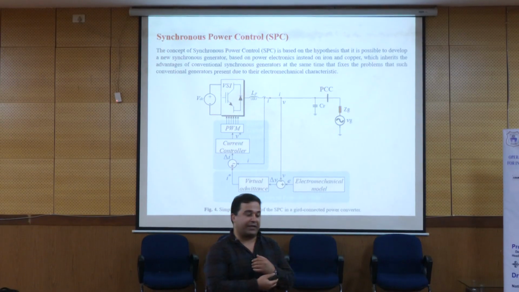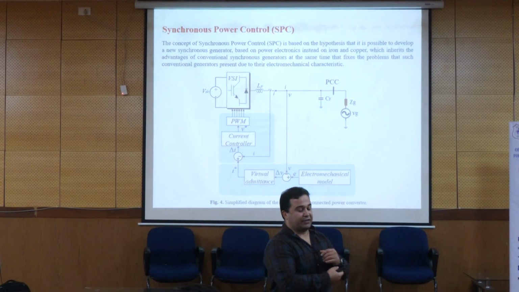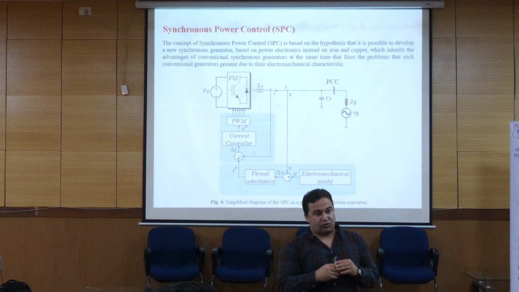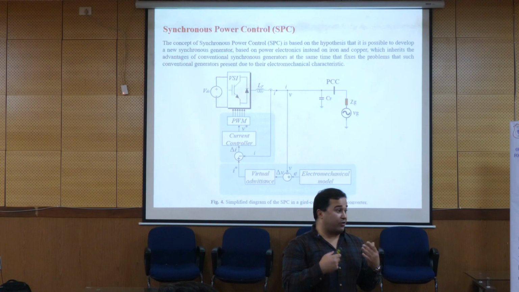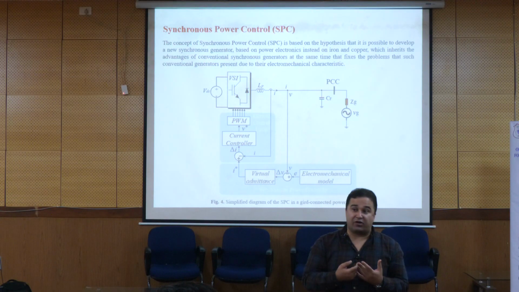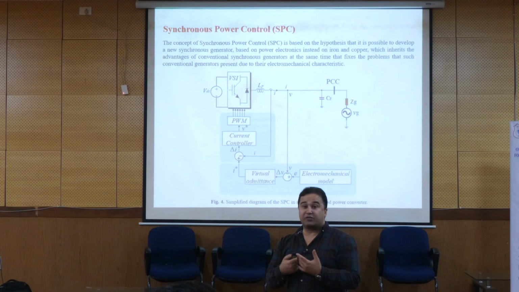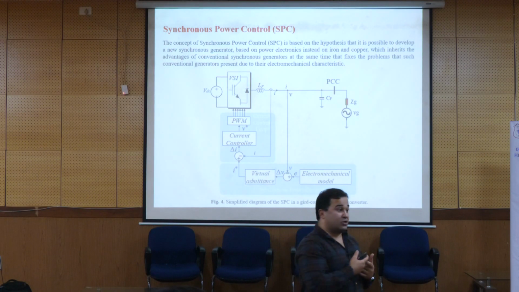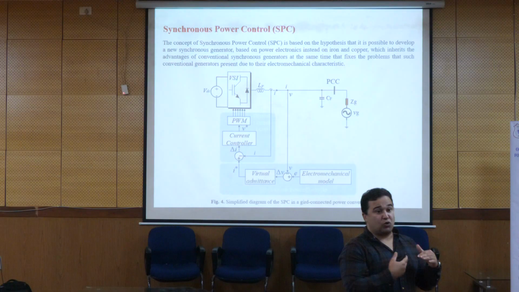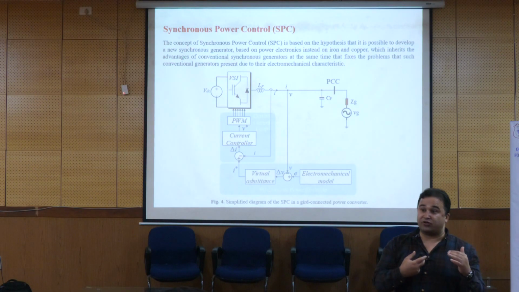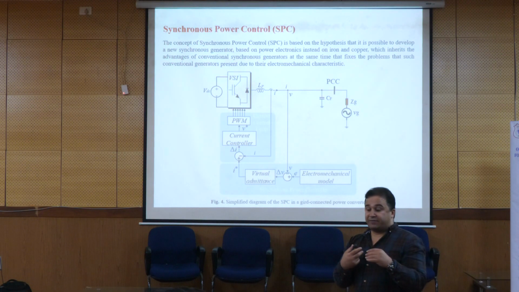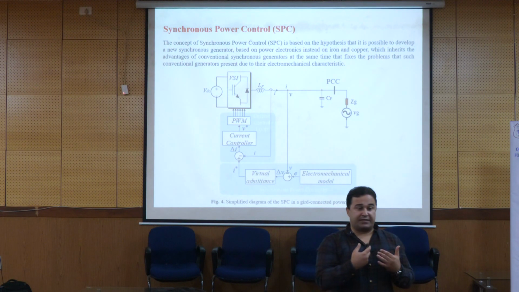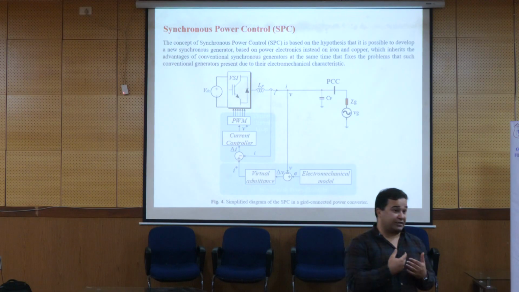If we get back again, for integration of renewable energy sources to the power grid, we need the power converter. This power converter cannot provide the kinetic energy for the power system. So after increasing more than 30% energy from renewable energy sources, we get into the problem of instability due to lack of inertia.